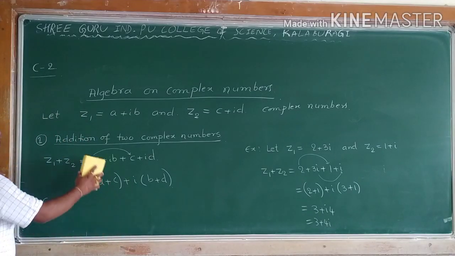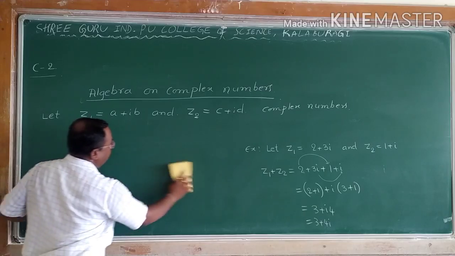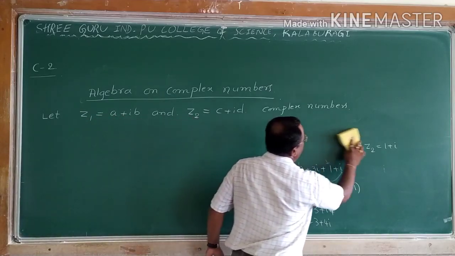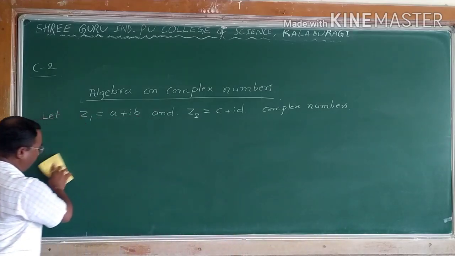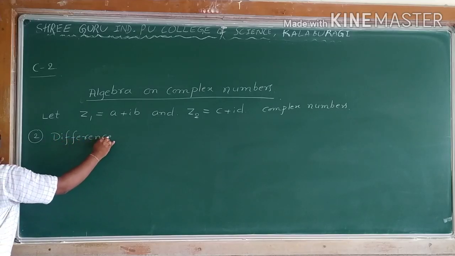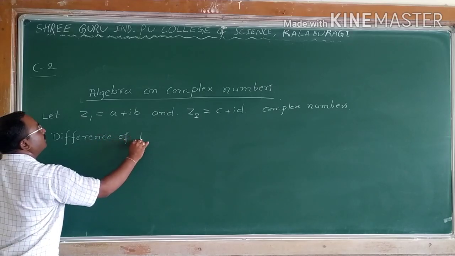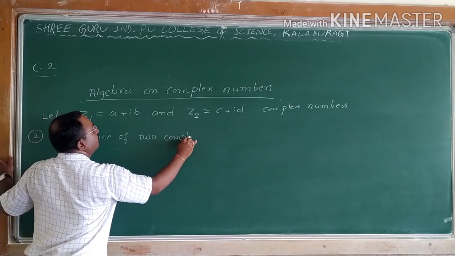Next, here difference of two complex numbers.